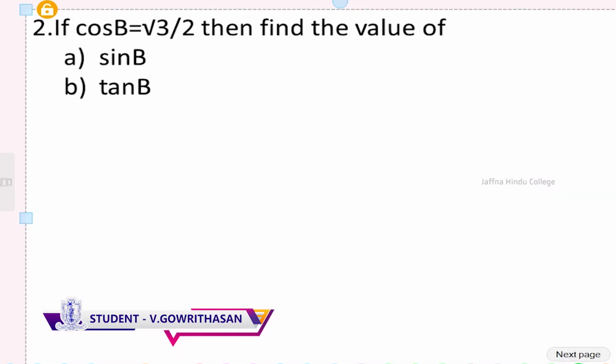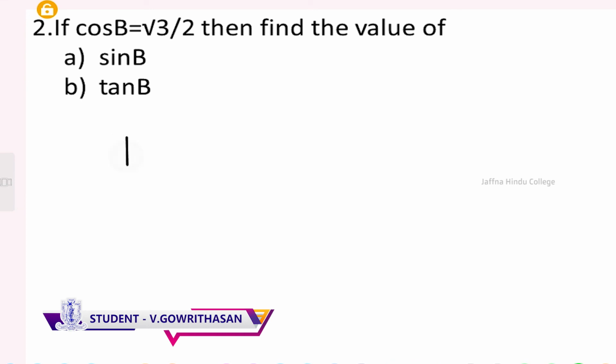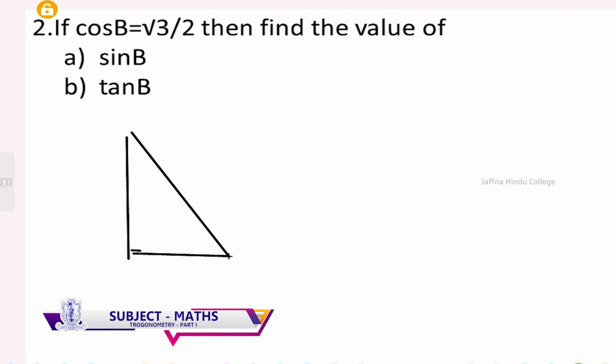If cos B is equal to root 3 by 2, then find the value of first sin B, second tan B. So, let us draw a rough diagram. Then mark the information given.